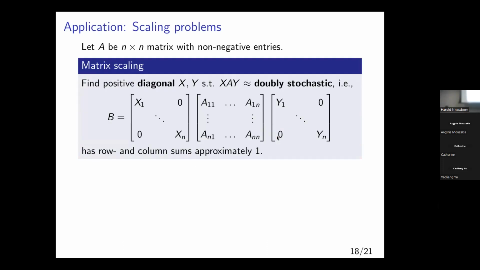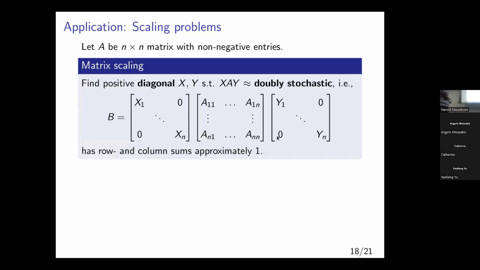All right. So I want to talk very briefly about these scaling problems that I said are applications. You may have heard of the matrix scaling problem before. If you haven't, the statement is simple enough that I can present it on one slide.